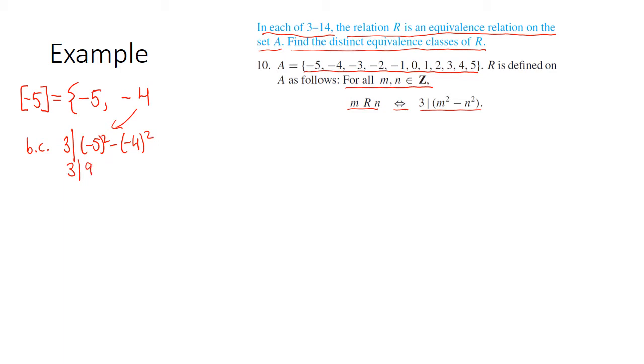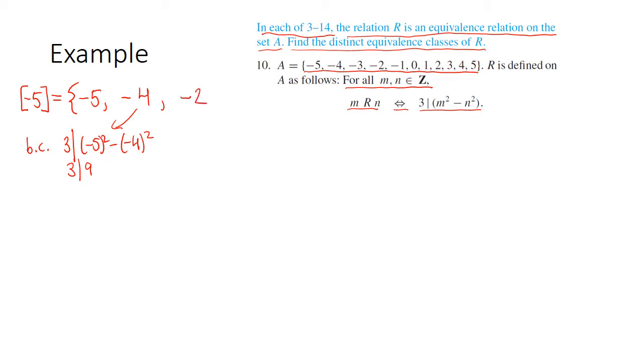Okay, let's see, what else would be in there? Will -3 be in there? I think -3 is not in there, because then I'd be looking at 25 minus 9, which would be 16, and that's not divisible by 3. Okay, -2: if I do 25 minus 4, I get 21, which is divisible by 3.